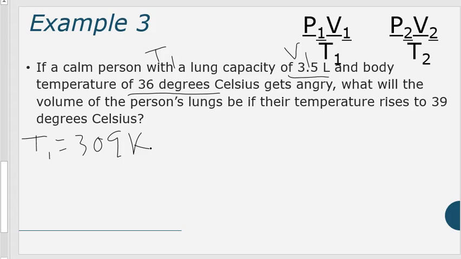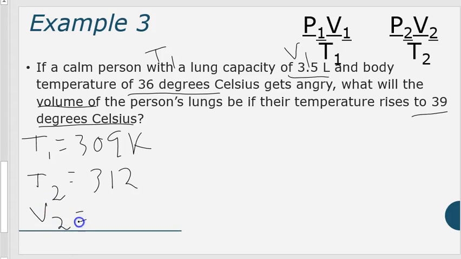Okay, and then they give us a second temperature, which is also in Celsius. So T2, we would also need to add 273, and that would give us 312. Okay, so they're giving us volume and they're giving us temperature, and they're wanting us to find V2. So we're looking for V2.